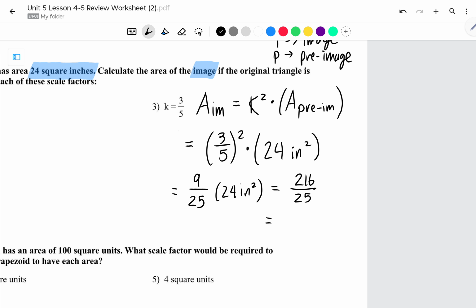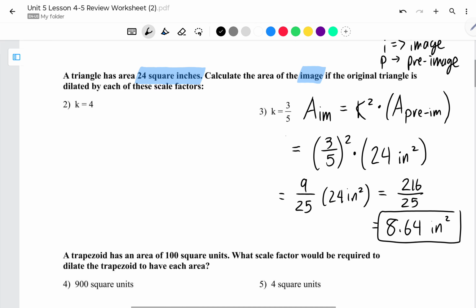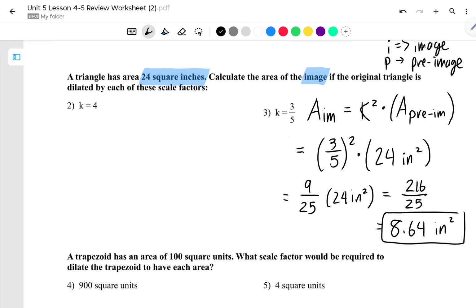I would like for you to go ahead and get the decimal. You should get 8.64 inches squared. All right, let's keep going. Number 2 is very similar. I'm going to post the answer key on Schoology so you can look for that as well.